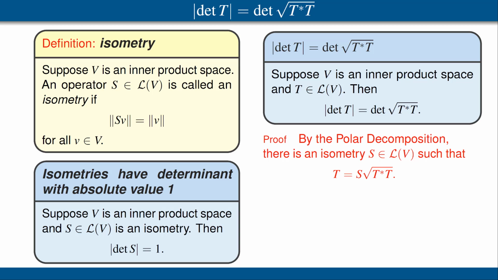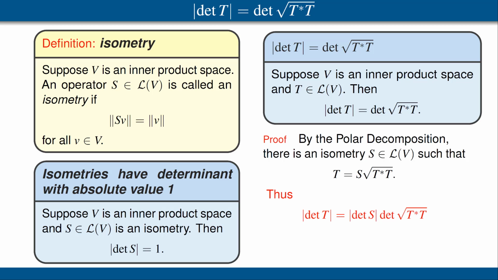Let's apply the determinant to both sides of this equation and then use the multiplicative property of the determinant, and then take the absolute value of both sides, getting the following equation. Notice we don't have to put an absolute value around the determinant of the square root of T star T, because the square root of T star T is a positive operator, and hence its determinant is a non-negative number.